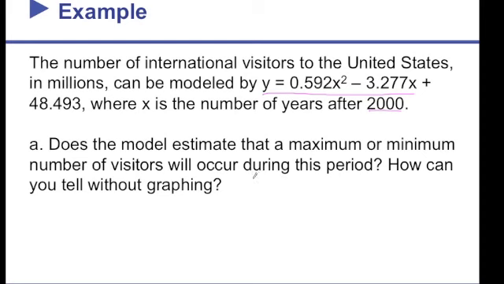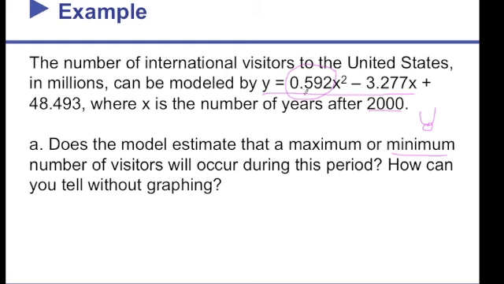How can you tell without graphing? Well, remember, we look at the a value, the x squared coefficient. Is this positive or negative? Since this is positive, we know that this parabola opens up, and so it will have a minimum because it will have a bottom. So how can we tell without graphing?